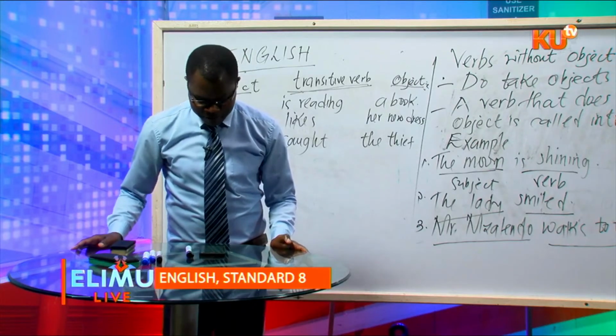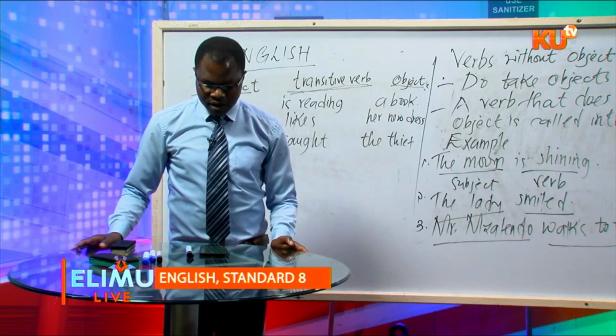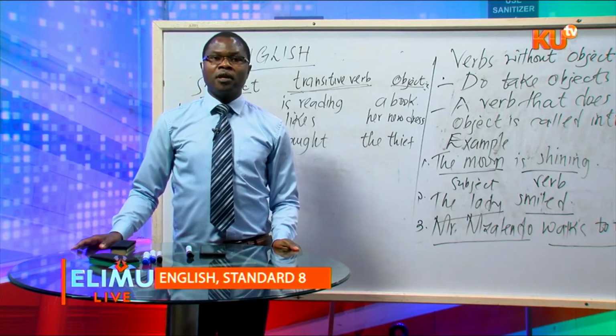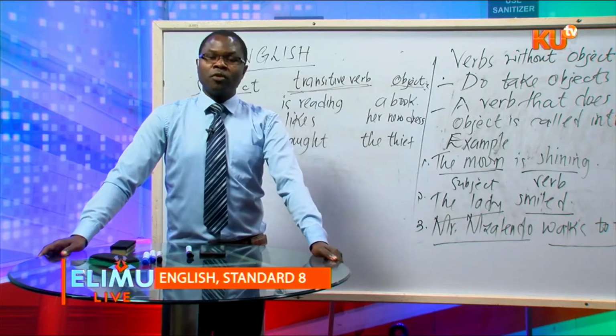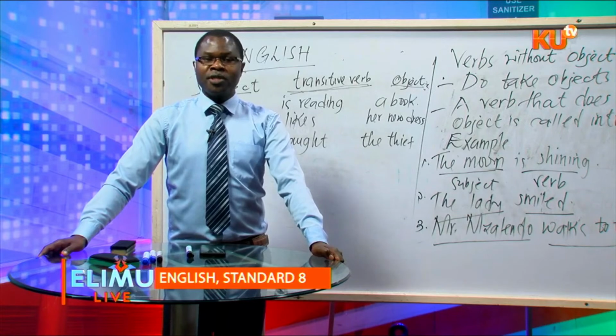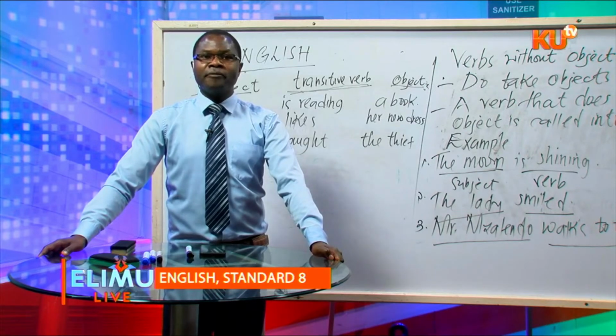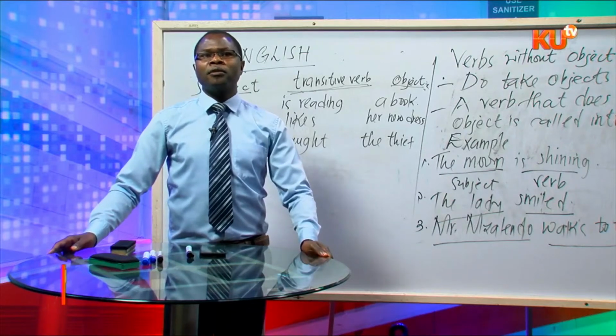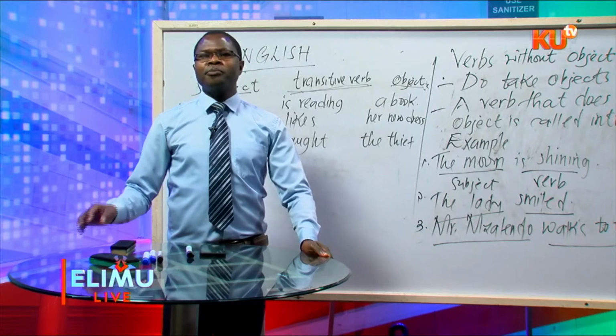We have other groups called simple sentences. And this topic is cutting across all the sections, the preschool. We don't want to see learners using some funny sentences. For example, "you are going where," that kind of spoken English.